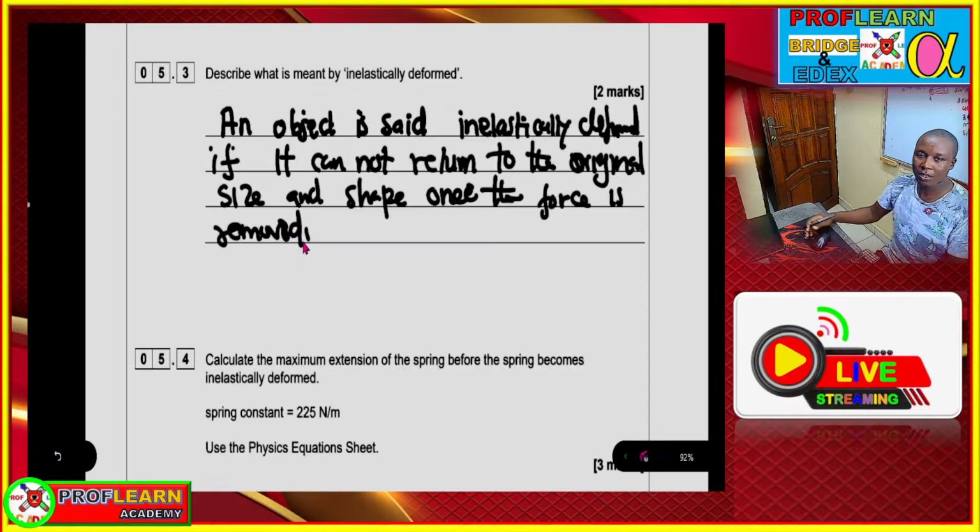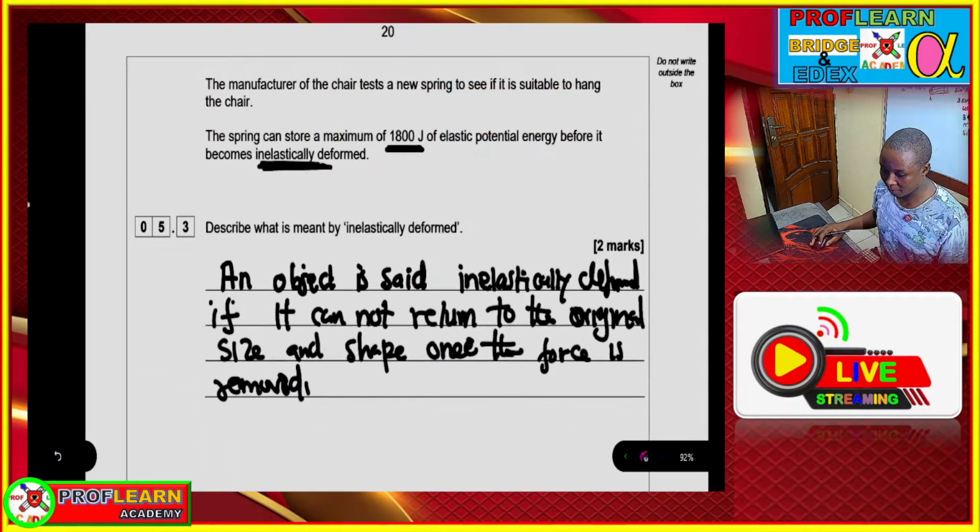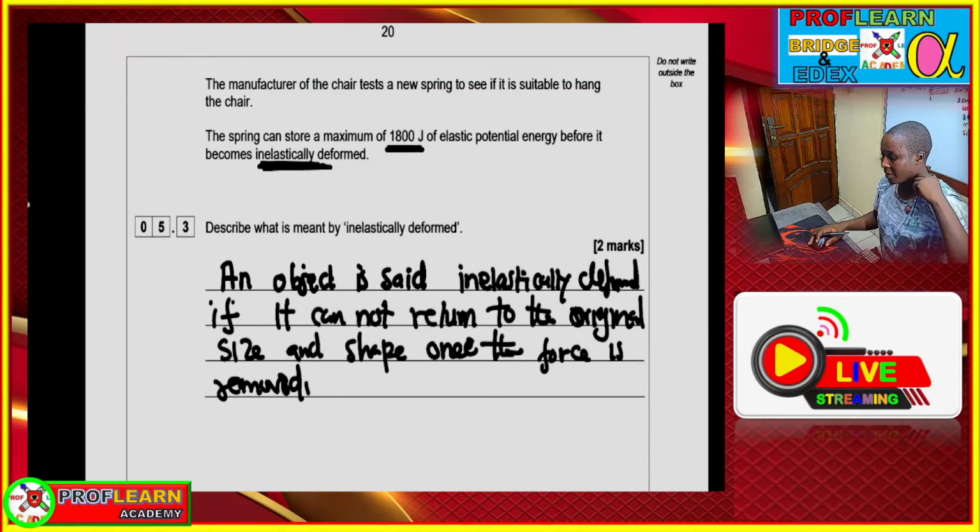And that is what we mean by inelastic deformation. An object is elastically deformed if, once the force has been removed, it returns to the original size and shape.